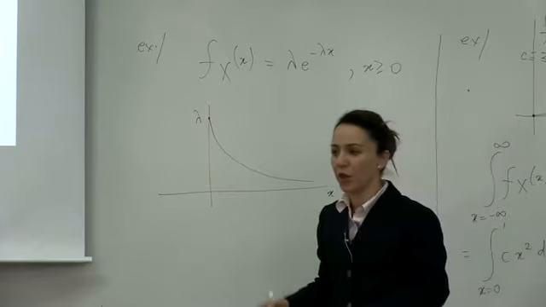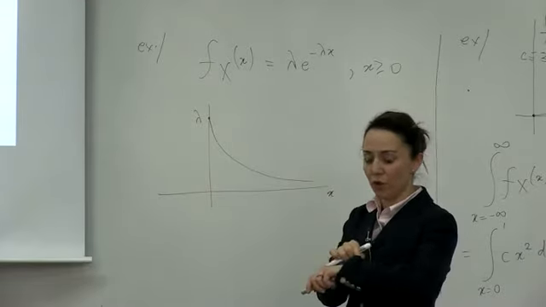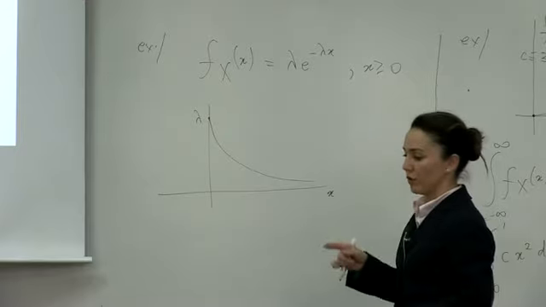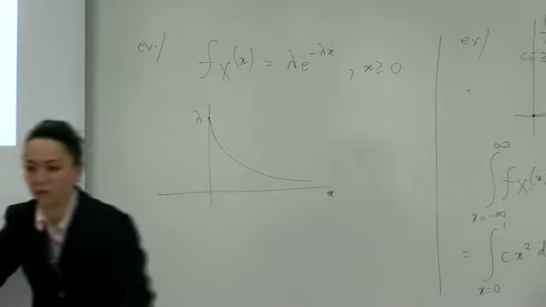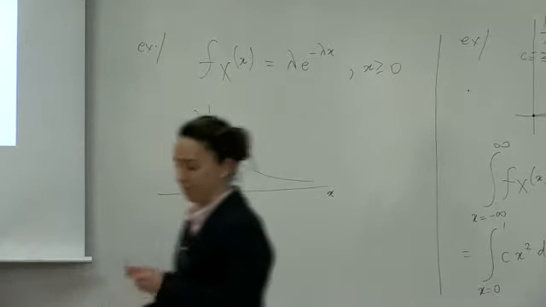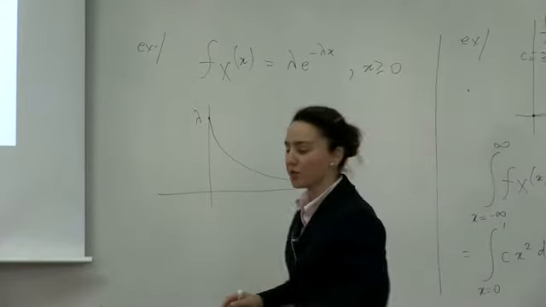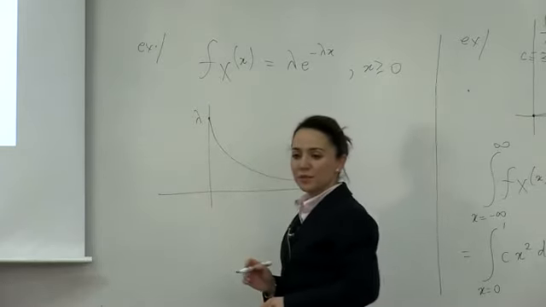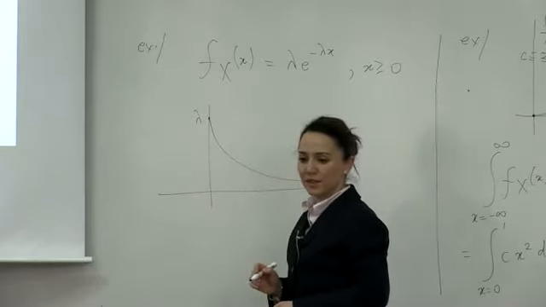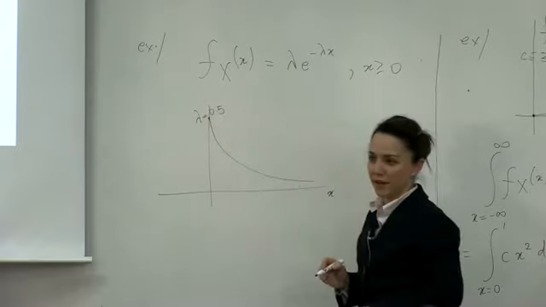In your handouts, you have fx of x plotted for two different values. Can you read for me which values those are? Lambda equals 0.5. 0.5 looks something like this.